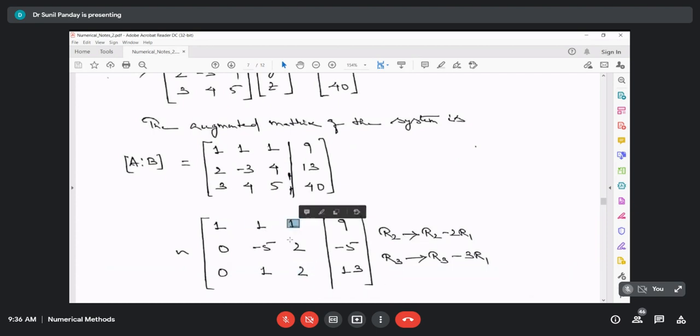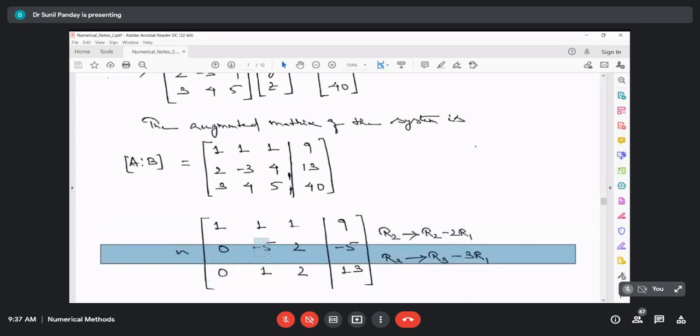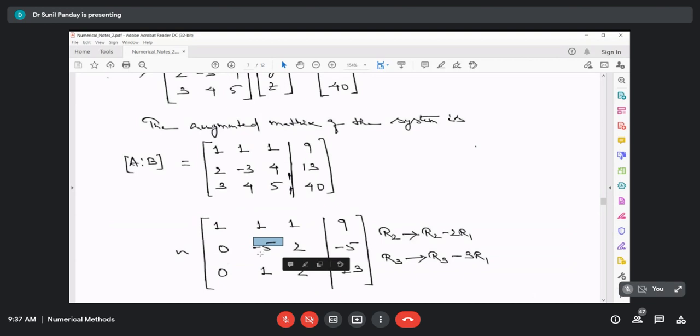If I succeed in making 0 above and below the diagonal entries, then the matrix is reduced to its diagonal form, and then we can reduce it into its equivalent identity matrix by dividing by the corresponding entries, and then we will easily get our solution.